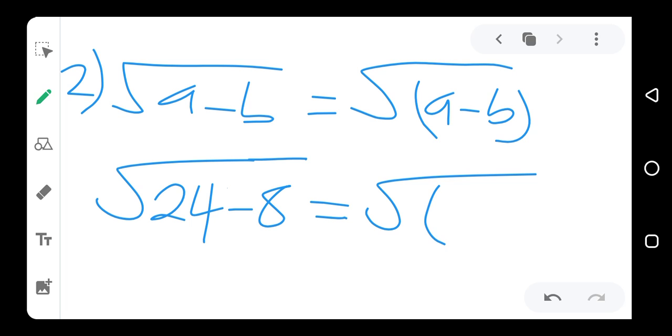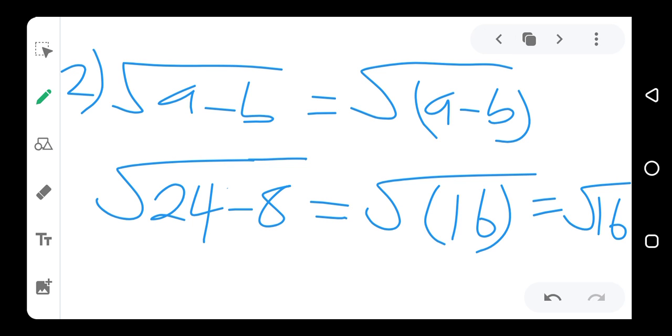Then we subtract the two numbers. 28 minus 8 is equal to 16, which is equal to root 16. Of course, root 16 is equal to 4. So we have 4 as the final answer if we find the root of 16.